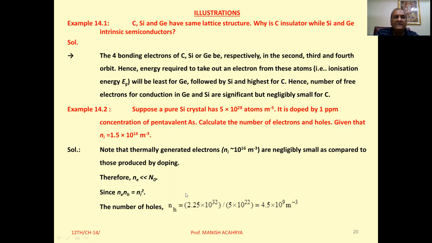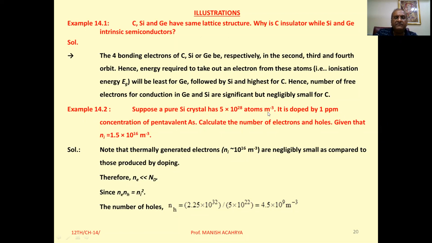Very simple thing. We have Ne into Nh equal to Ni square, where Ne is the number density of electrons, Nh is the number density of holes, and Ni is the number density in intrinsic semiconductor. Now see here, it is given to you that pure silicon crystal has this much atoms per meter cube.